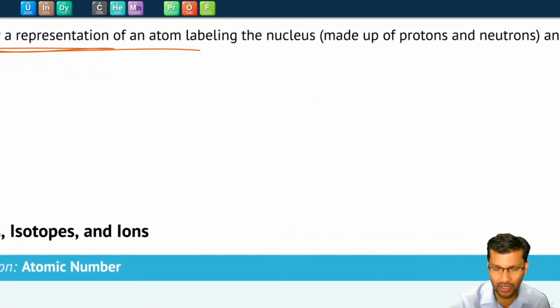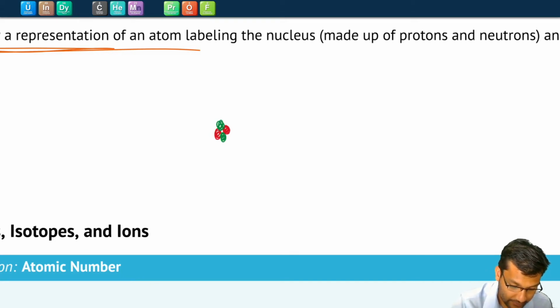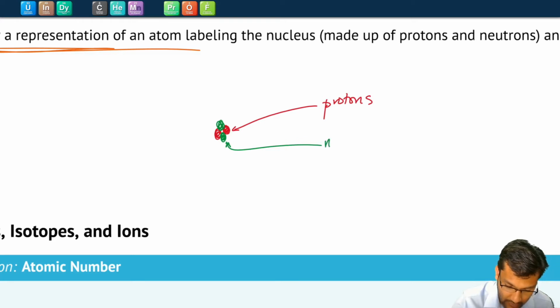So if we were to draw a representation of, let's say, a helium atom that has two protons, let's draw two protons. Helium atoms typically have two neutrons as well, and they'll have two electrons. So protons, neutrons.